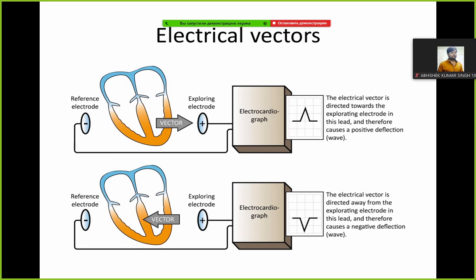As discussed, the ECG machine uses two electrodes to calculate the ECG curve. This is done by comparing the electrical potentials detected by each of the electrodes.